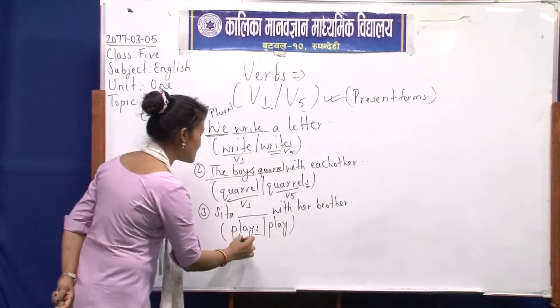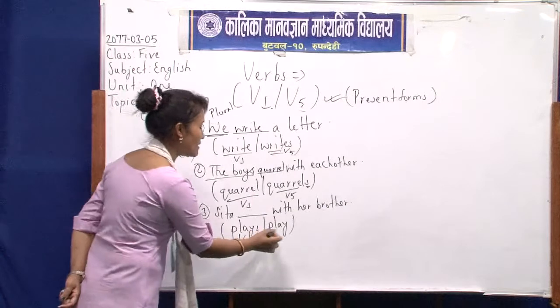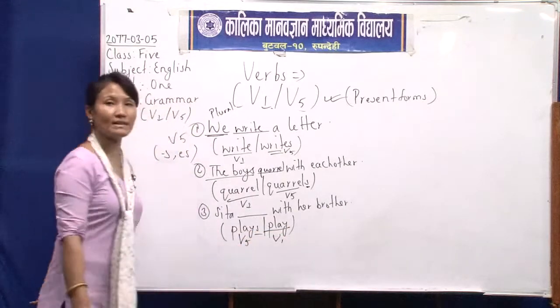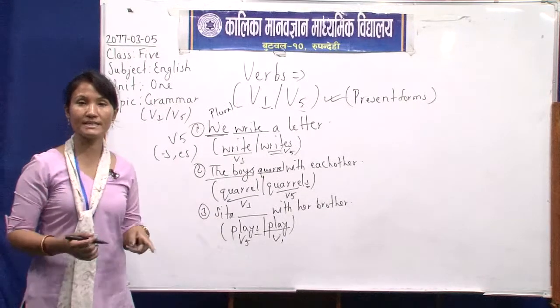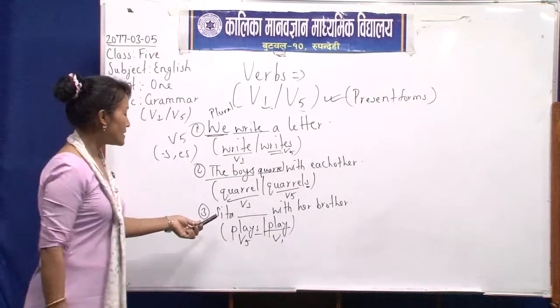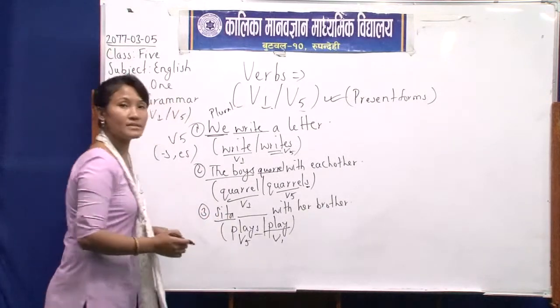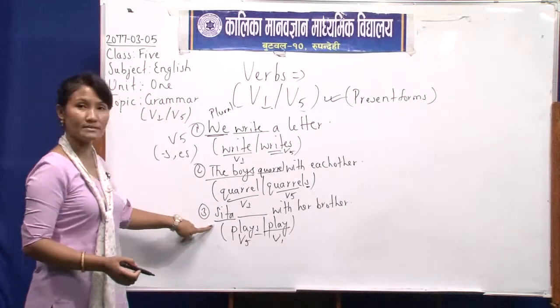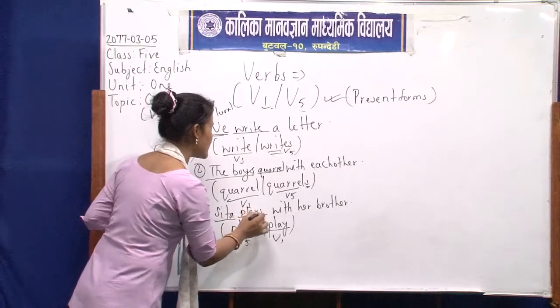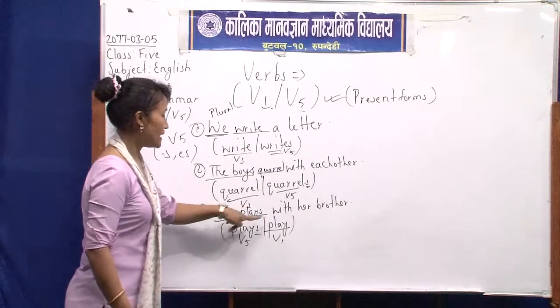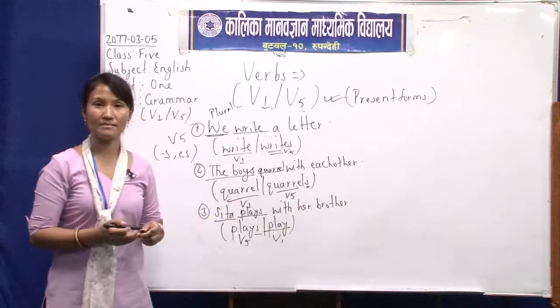That means this is verb 5 and the remaining one is verb 1. Now, we will be checking what? We will be checking subject is either singular or plural. Sita, it is singular. That means singular takes what? Verb 5. So, we are going to use here plays. Sita plays with her brother.